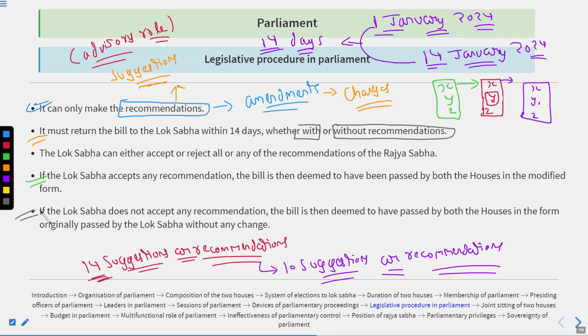Thereafter, if the Lok Sabha does not accept any recommendation, the bill is then deemed to have been passed by both the houses in the form originally passed by the Lok Sabha without any change.